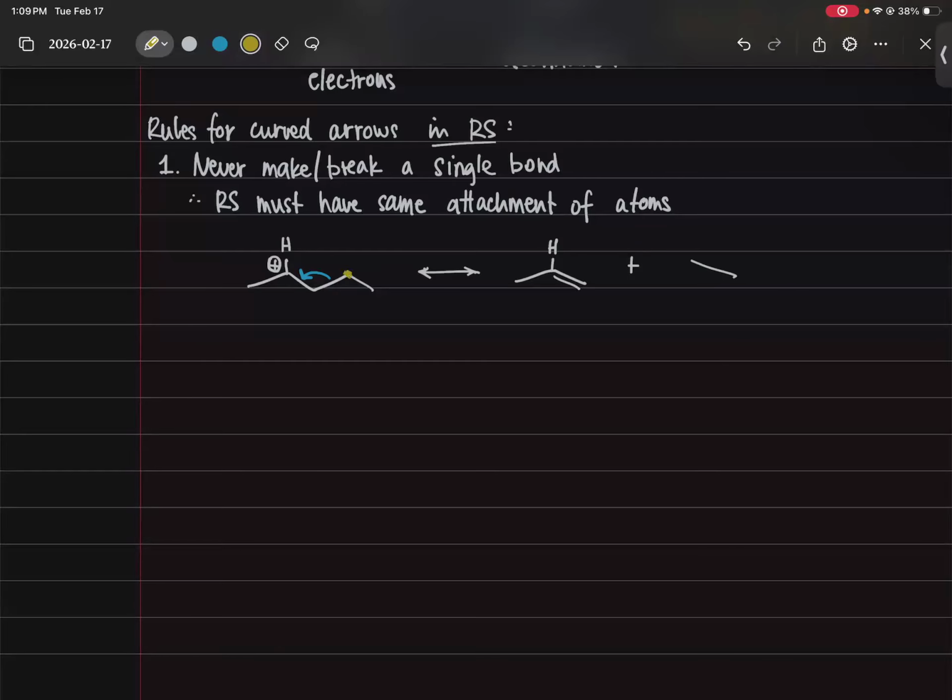And this carbon here originally had two hydrogens on it. Still has two hydrogens on it, but now one of its four bonds has been broken. So it is now electron deficient. And so it gets a positive charge.